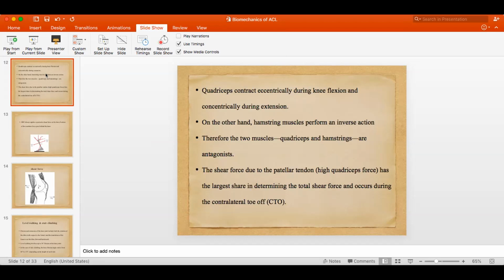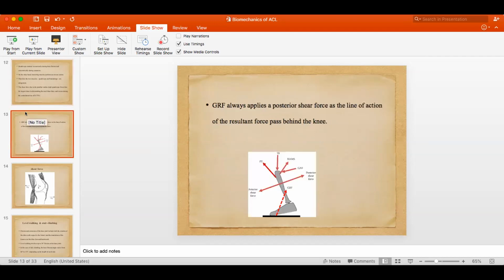Where? So the highest force in one knee is when the opposite leg is in toe off phase. That's what you're giving in the diagram, the next slide. Yes, sir. That indicates the opposite side actually.